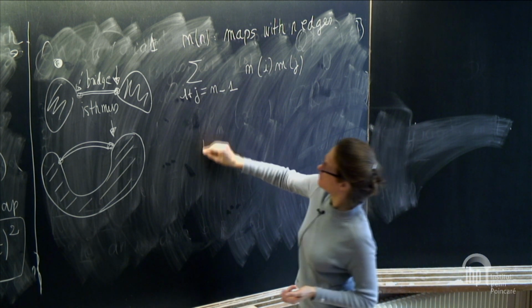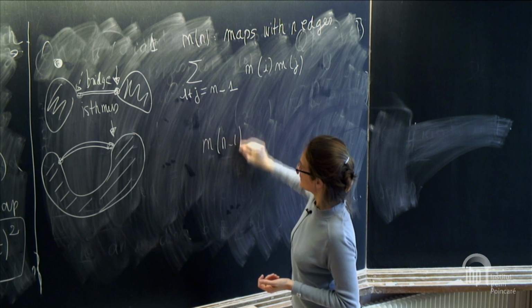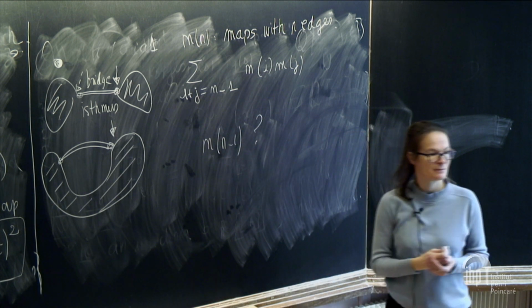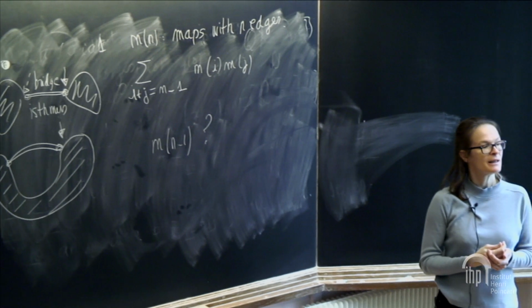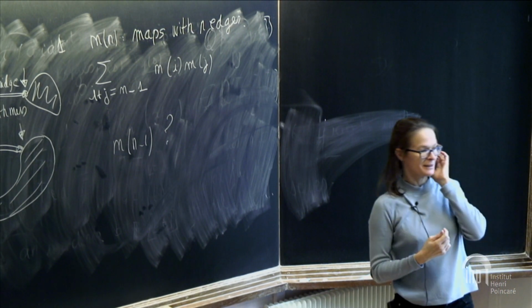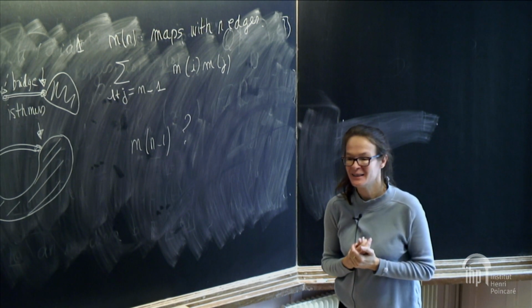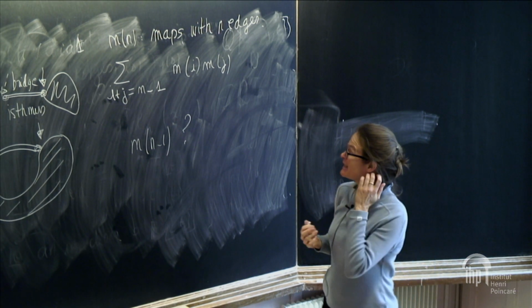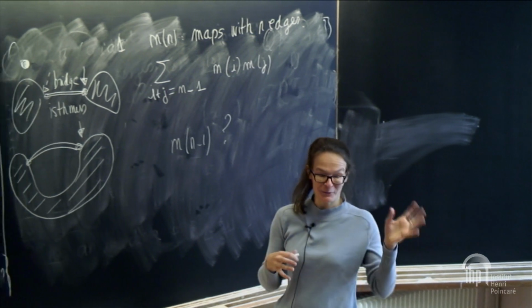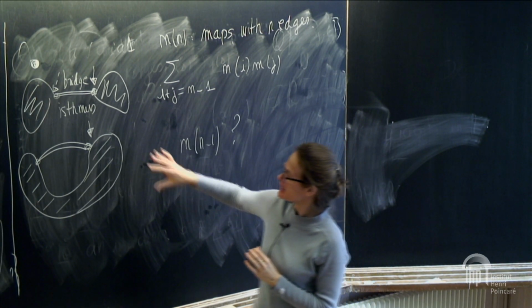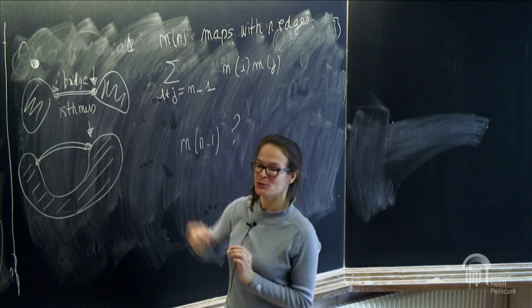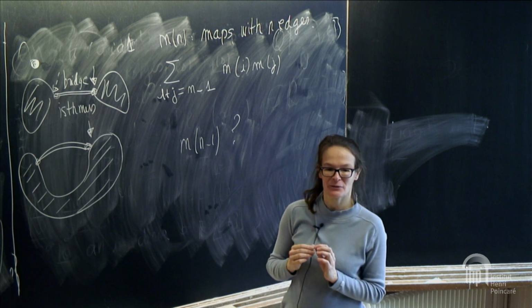Is it M of n minus 1, for instance? Yeah. Who said that? So the problem... Sorry? What did he say? So he went very fast. He said that I should remember the degree of the root face, also called the outer face.